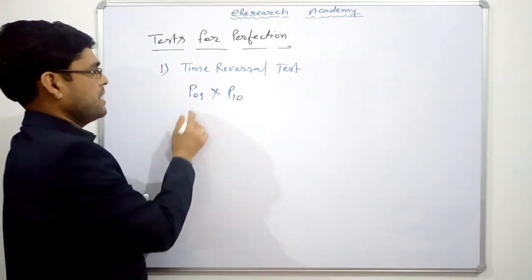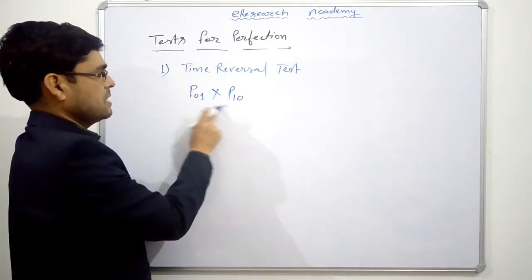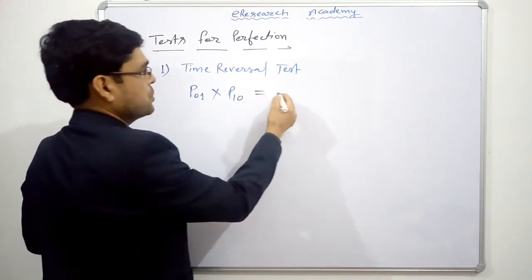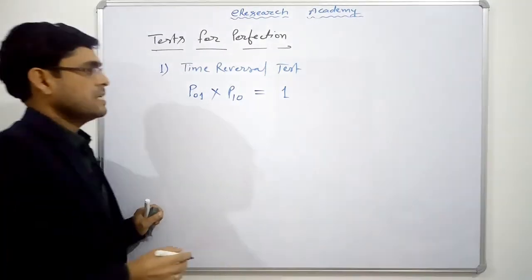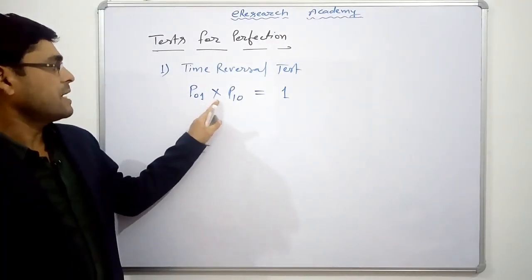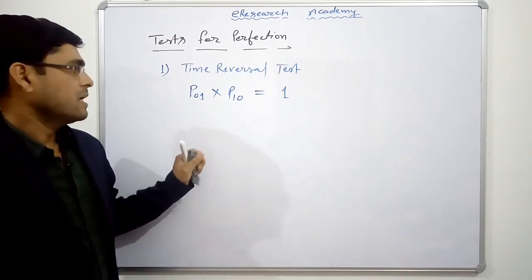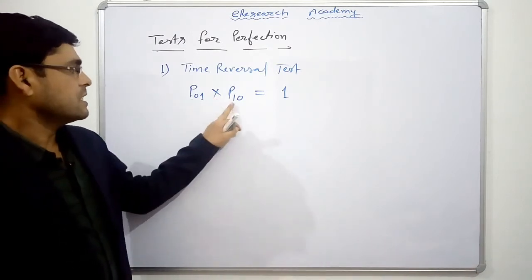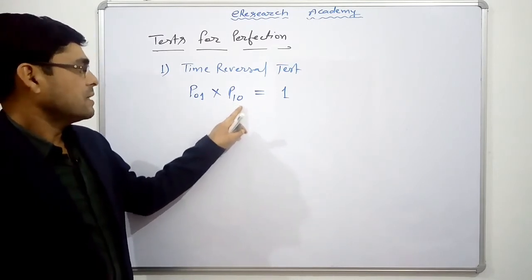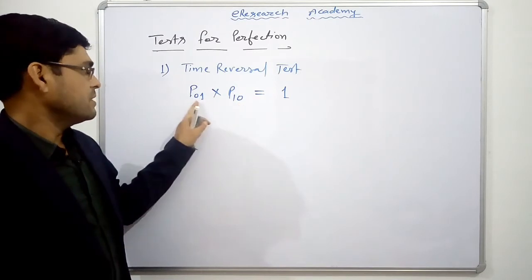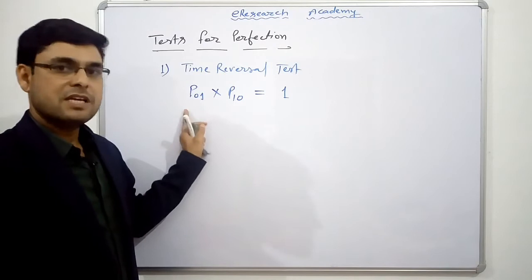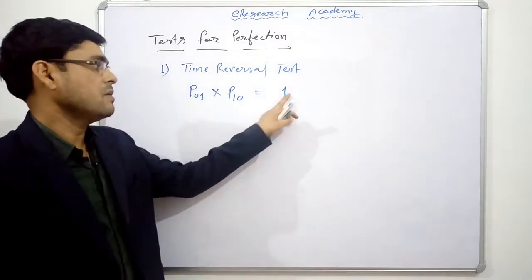With the same data, if we reverse the base, it will become P10, and it should give us a result of 1. This was given by Irving Fisher. Simply, if we reverse the base, the outcome will be the reciprocal of the first one. These two will be reciprocals of each other, and their product will be 1.